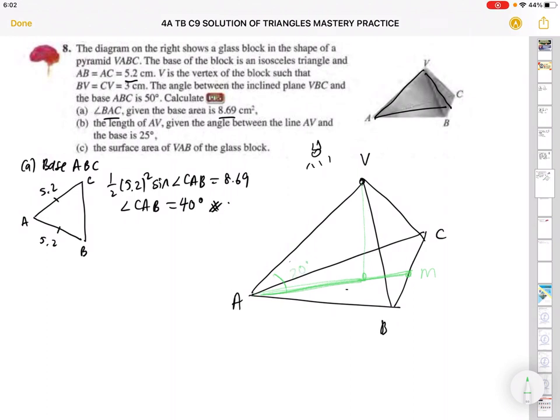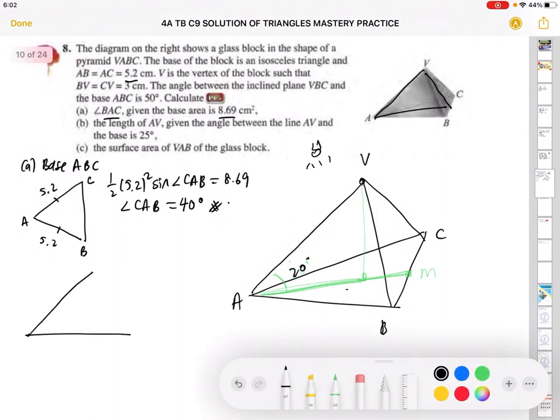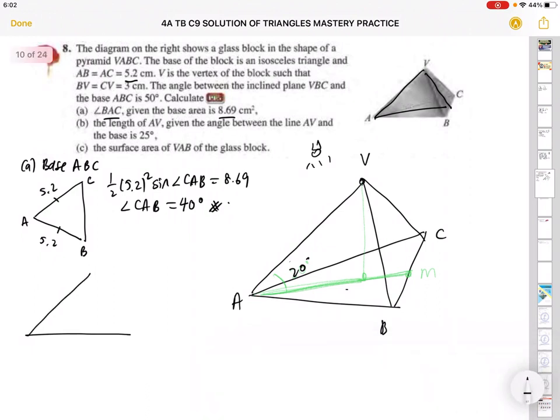So I'm going to draw another version here. I'll explain first, later I'm going to erase this. This doesn't look like 20, but this angle is 20. So this is A, this is V, and let's say this is my B. At the same time, earlier they already gave us the angle between the inclined plane VBC and the base ABC, which is 50.